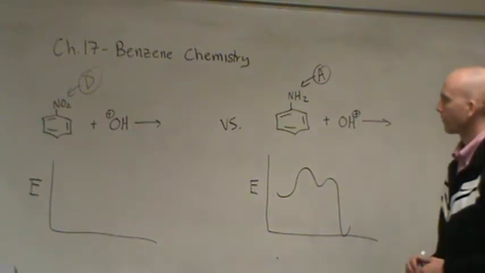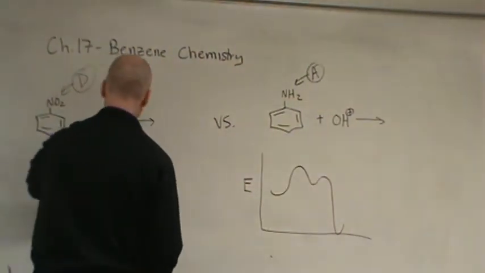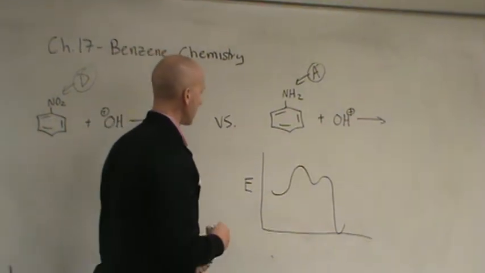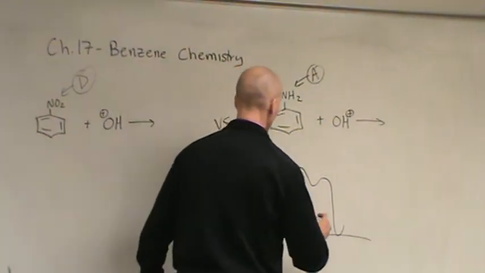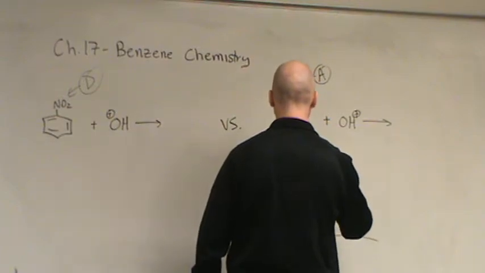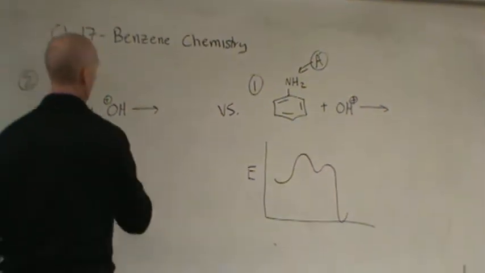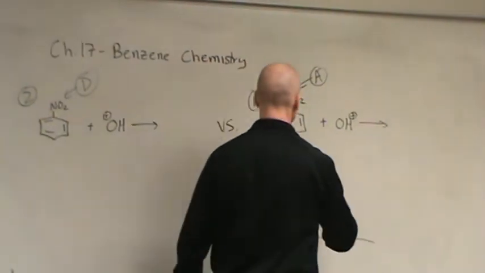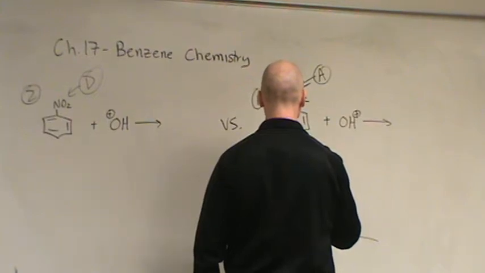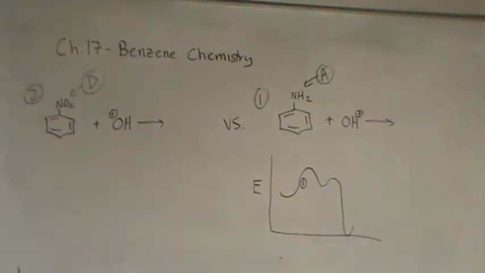Okay? So I'll tell you what we'll do just to make it easier. We'll go ahead and plot both of these reactions on the same plot. Okay? So this one here, we'll label 1, and this one here we'll label 2. Okay? So this one here is that reaction.